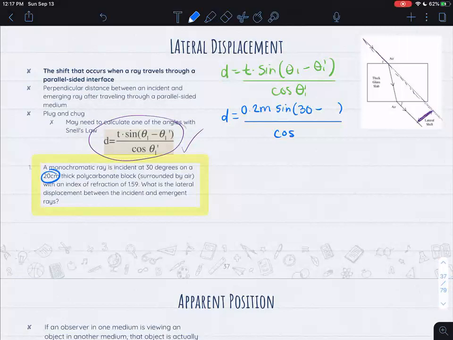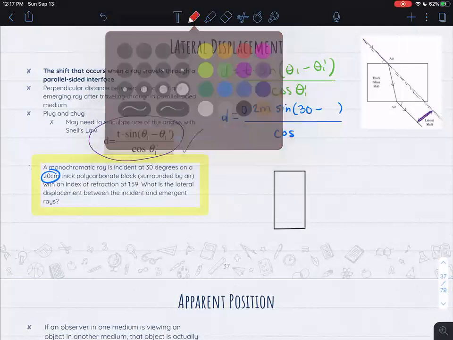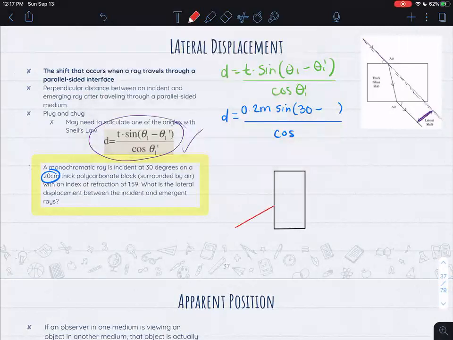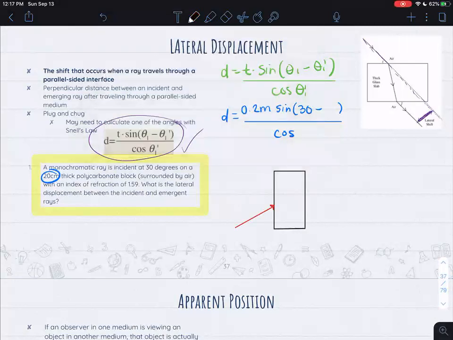So I'm going to go ahead and draw a picture for you guys just to get an idea what it's going to look like. This question involves Snell's law, as well as understanding parallel-sided elements. We're going to say that we have an incident light here of 30 degrees to the normal. Let me draw on our normals.